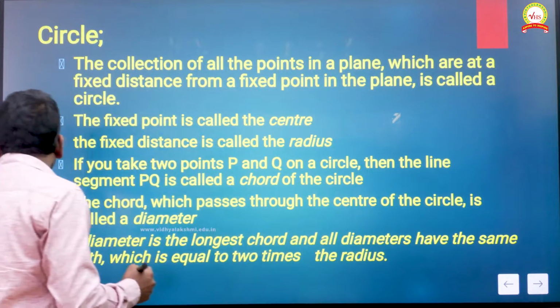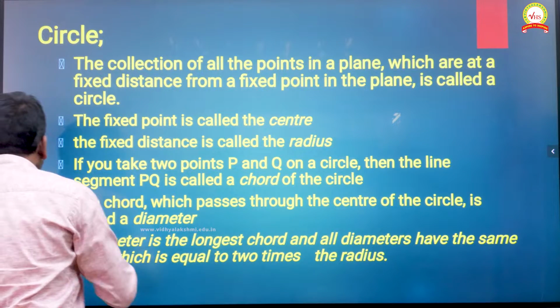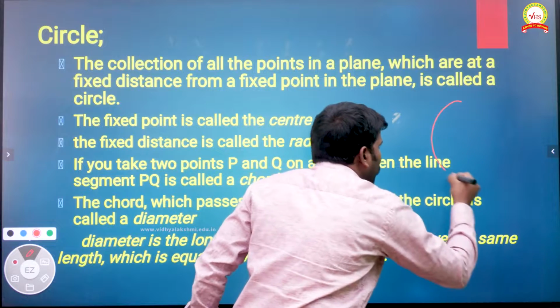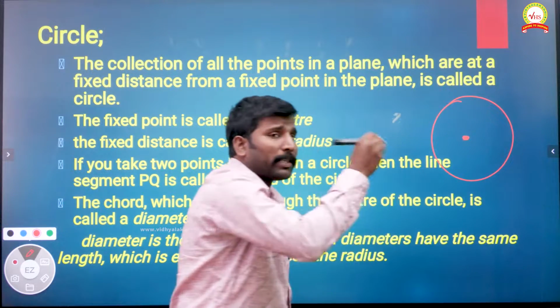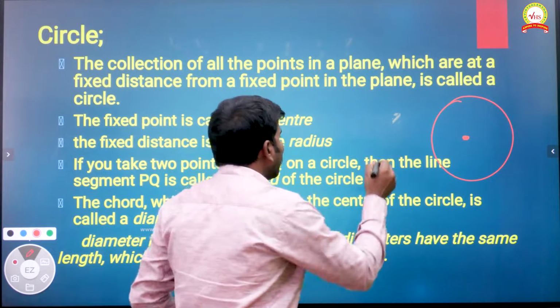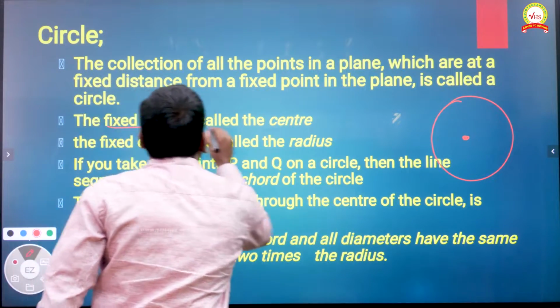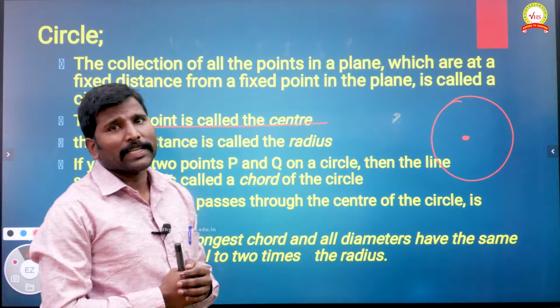Let me show both again. See children, if I am taking one circle, the middle point I said is the center point, that is a fixed point. The fixed point is called the center of the circle.